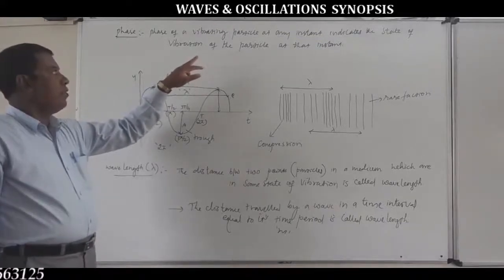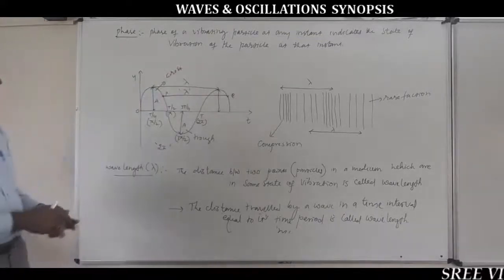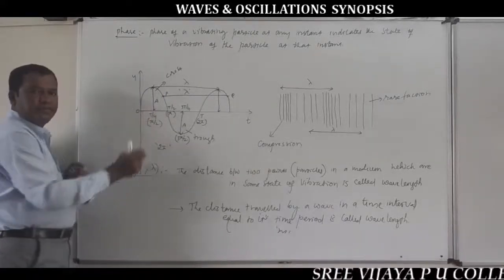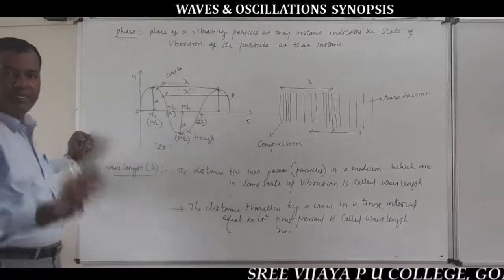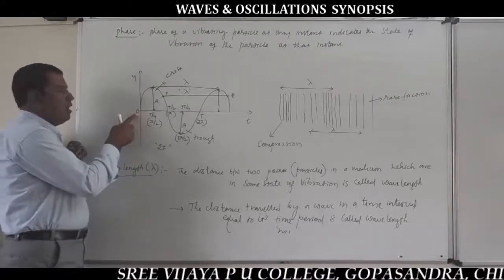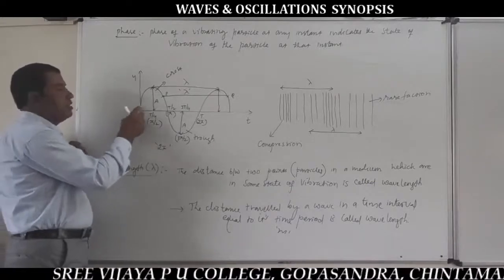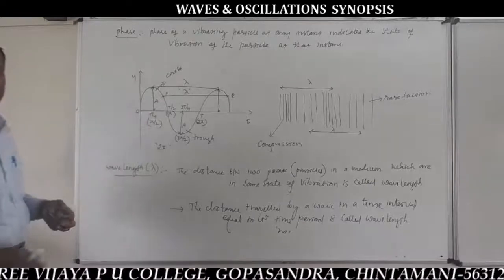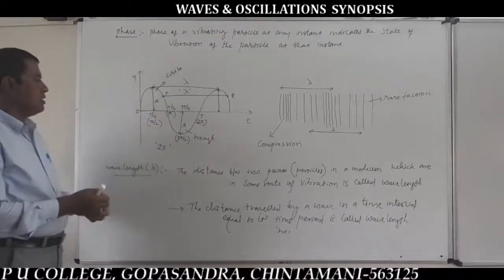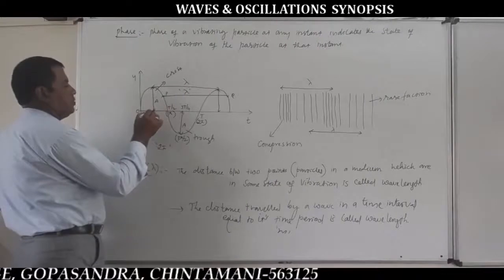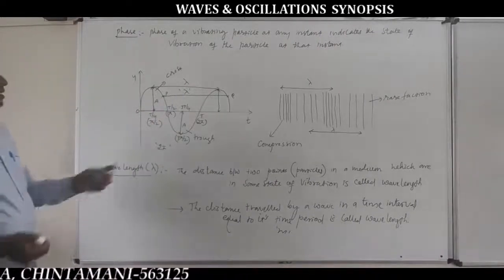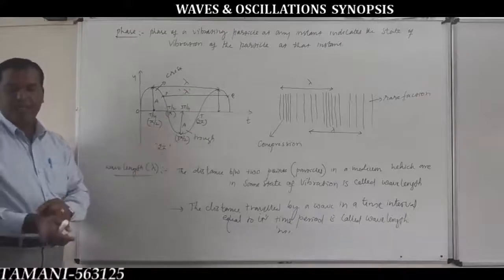Phase of a vibrating particle is the fraction of the time period that has elapsed since the particle last passed through its mean position in the positive direction. Now if you consider this reference point, at this point, in terms of time period it is T by 4, and in terms of angle it is pi by 2.